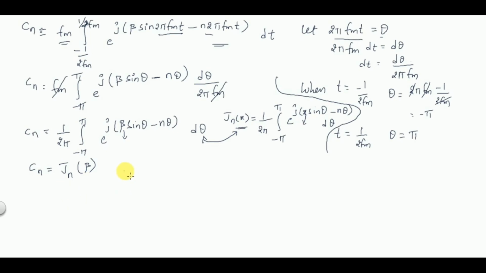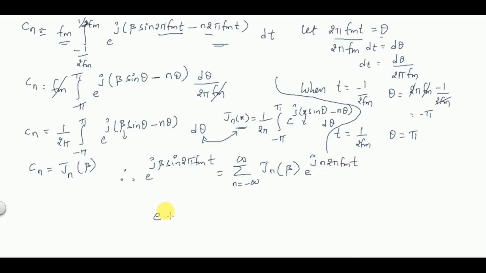Therefore the function e power j beta sine 2 pi fm t can be written as summation n equal to minus infinity to infinity Jn of beta into e power j n 2 pi fm t.